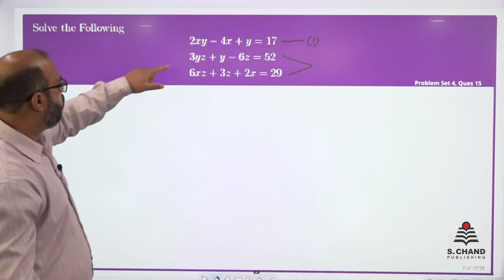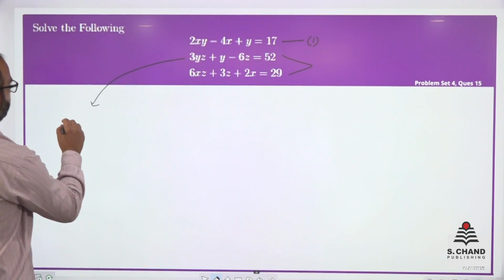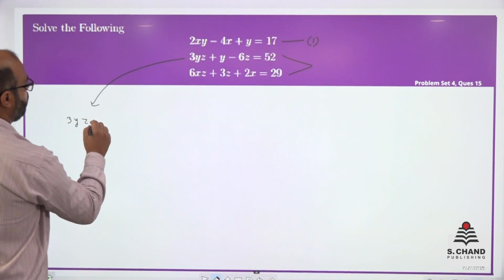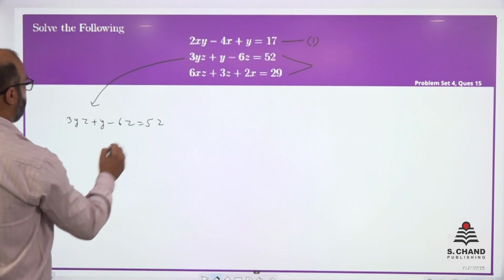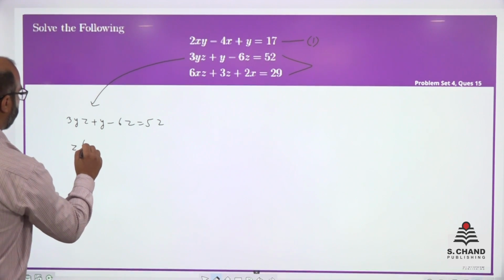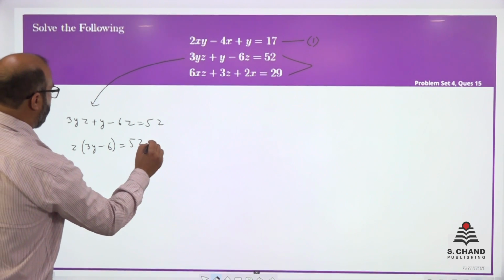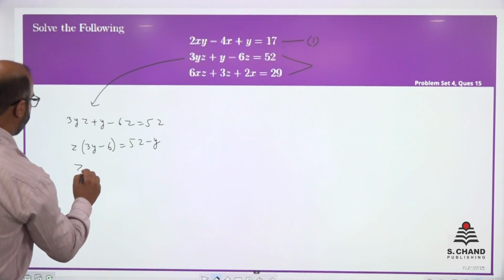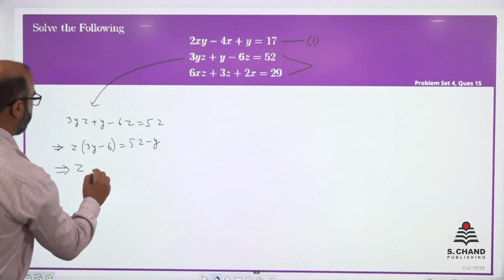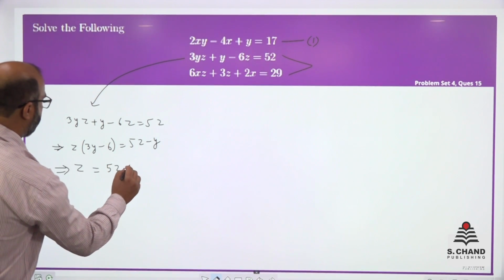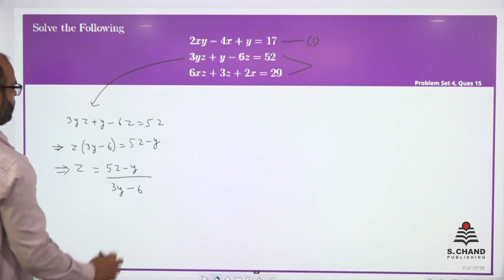So, from this second one, what we will do, we will say 3yz plus y minus 6z is equal to 52. So, this will become z into 3y minus 6 is equal to 52 minus y. So, this will give you z is equal to 52 minus y upon 3y minus 6.